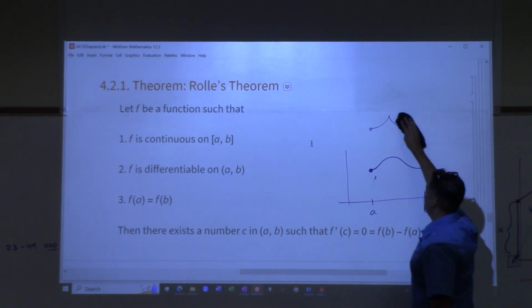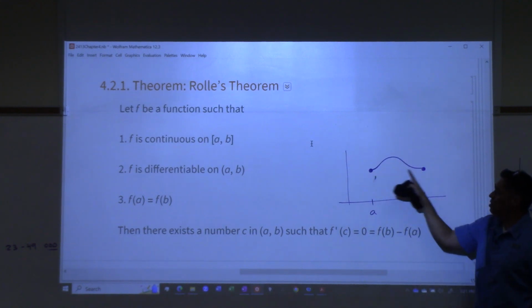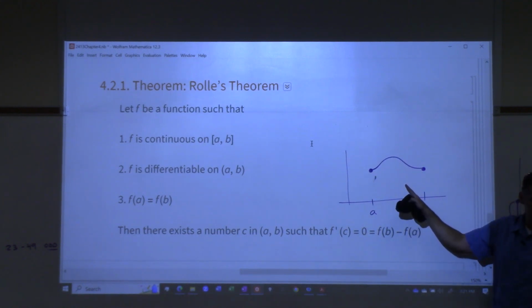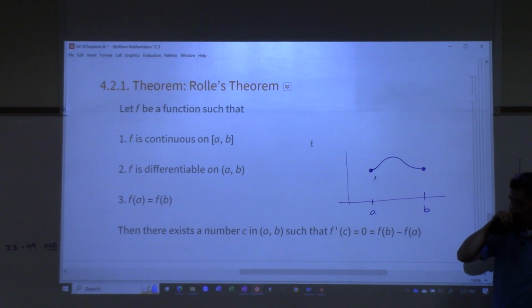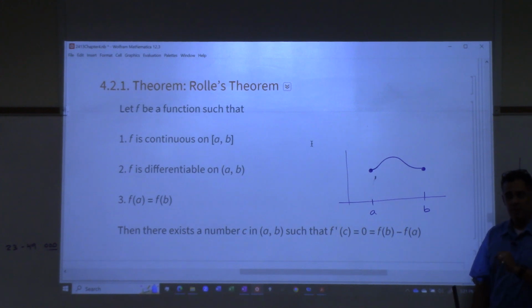So the theorem says you must have continuity and differentiability. That the derivative exists at every point in there. And by exists, we mean there's not a corner or a cusp or a jump or a vertical tangent. But if you had a jump, you wouldn't be continuous.